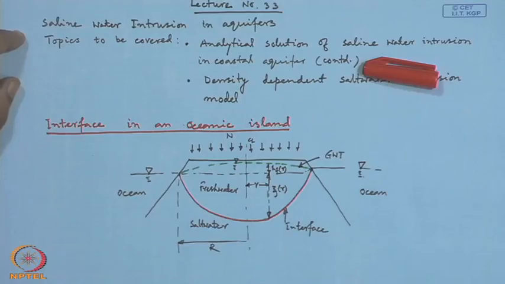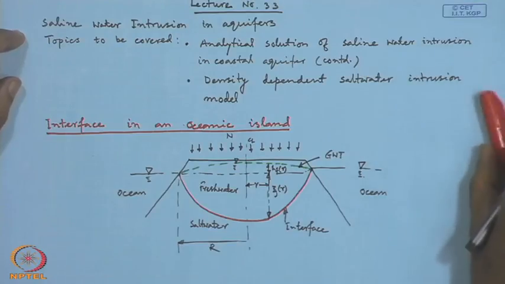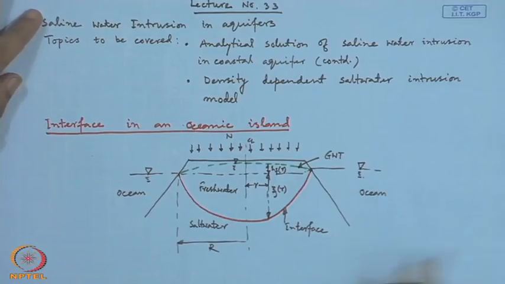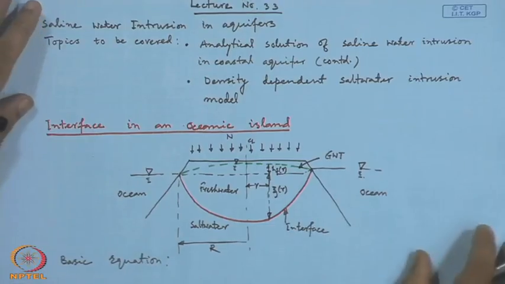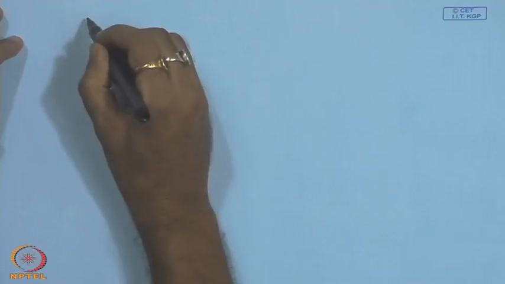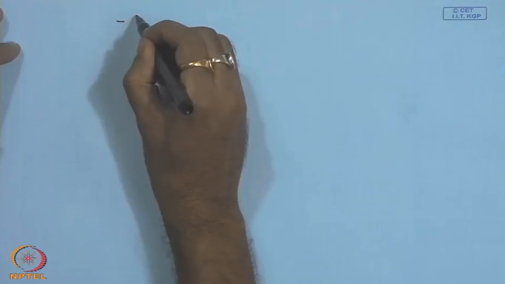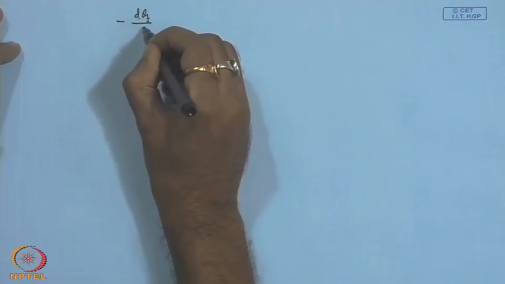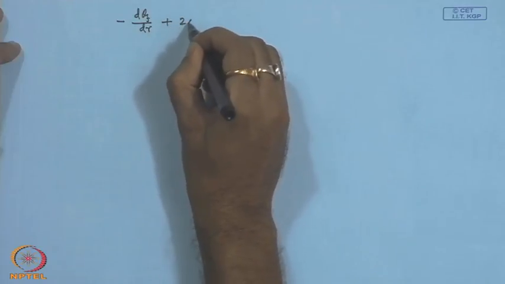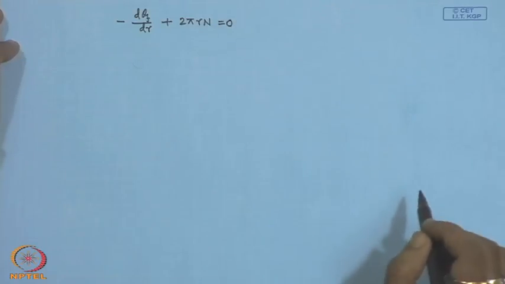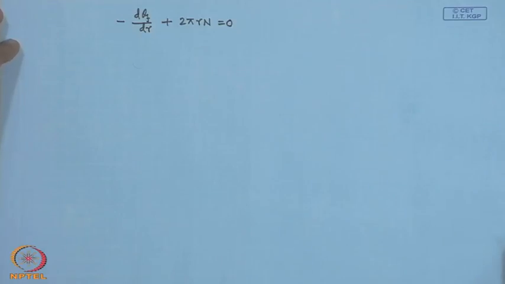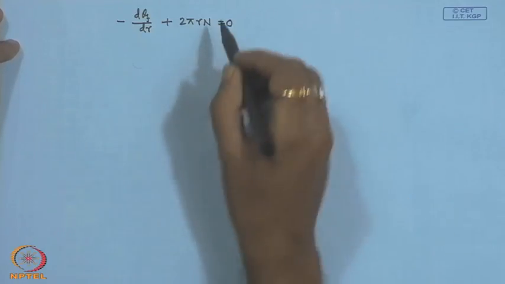So, in this case, if we write our mass balance equation, we can write our basic equation, and this basic equation shows that the Qf radially should be equated with the recharge or infiltration or precipitation from the top of the island as this equation.